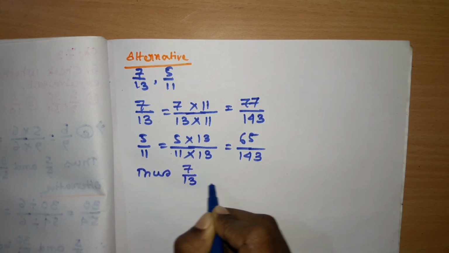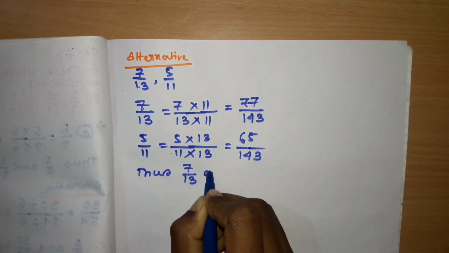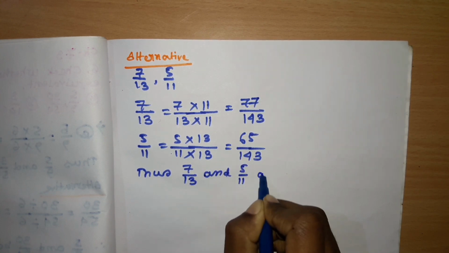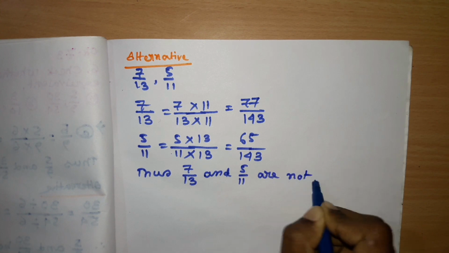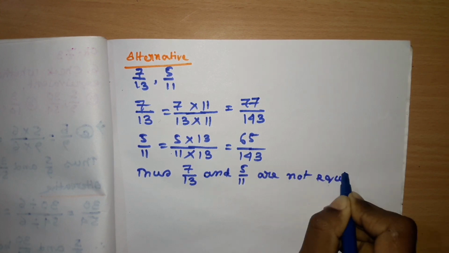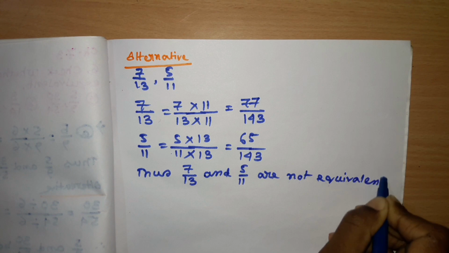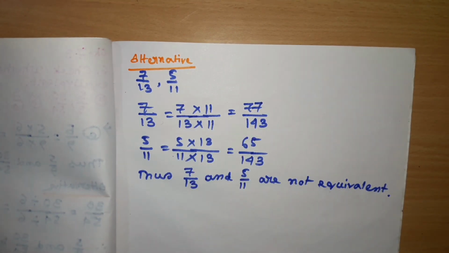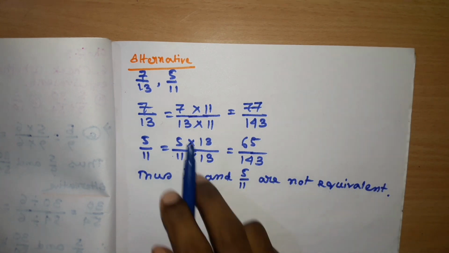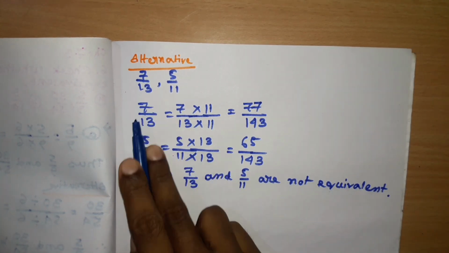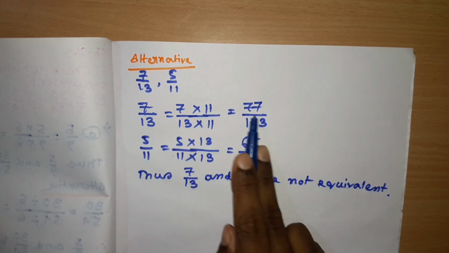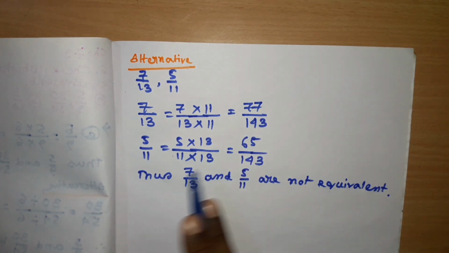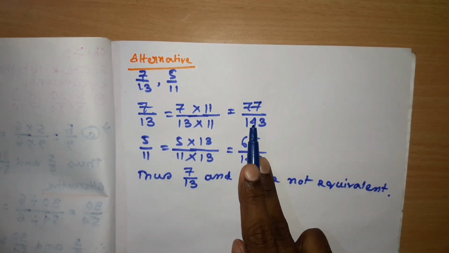7 by 13 and 5 by 11 are not equivalent. So to do this kind of question, after multiplication you have to make the numerator equal and the denominator equal.